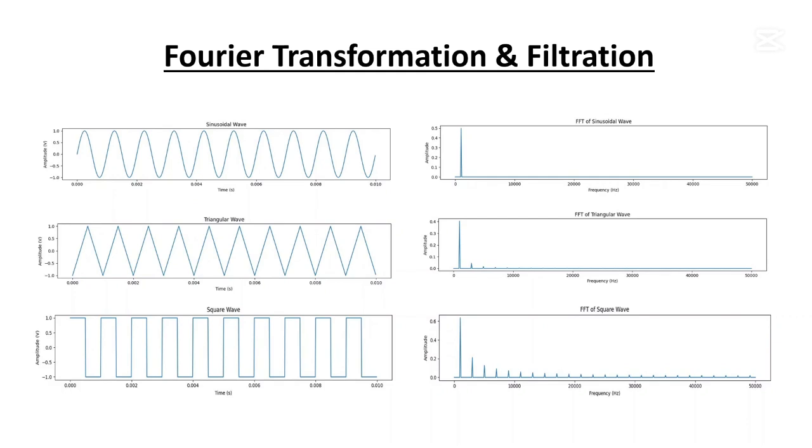All right, so by using the Fourier transform, we can analyze the frequencies in a signal. And let's say that if we add a low pass filter on each of the signals, then what will happen?